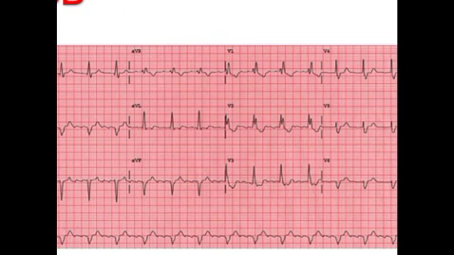Just look at V1 if you want to know very quickly what's going on. It is here, V1 and V2. It took the characteristic M shape with a wide QRS complex. Definitely, if you count it, it will be more than 3 small squares, which is more than 120 millisecond.